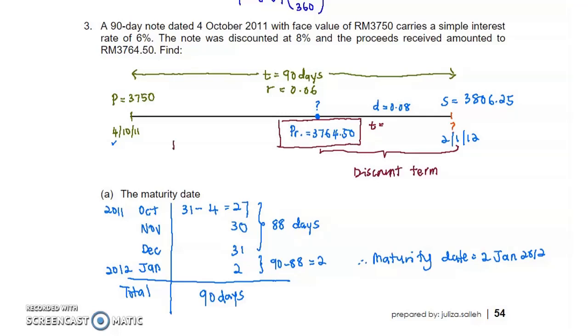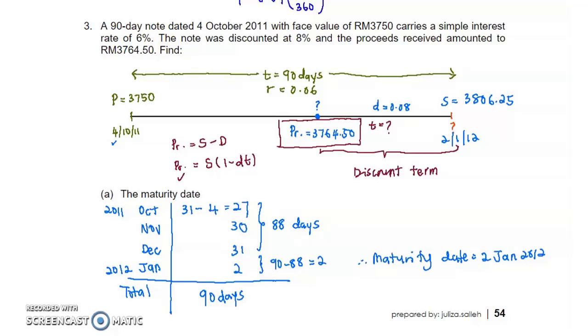Okay, so we know how to find proceeds. Proceeds equal to S minus D. Or the other formula, proceeds equal to S multiplied by 1 minus dt. So remember, we want to find value t here. How many days? If you look at this formula, we have value proceeds.